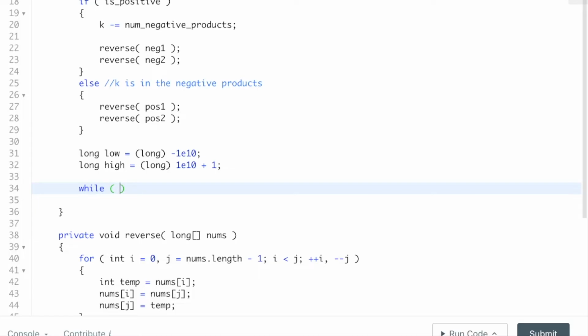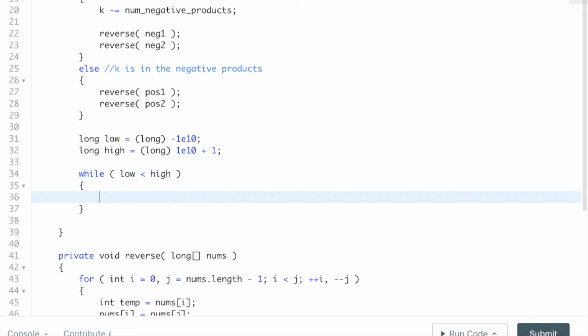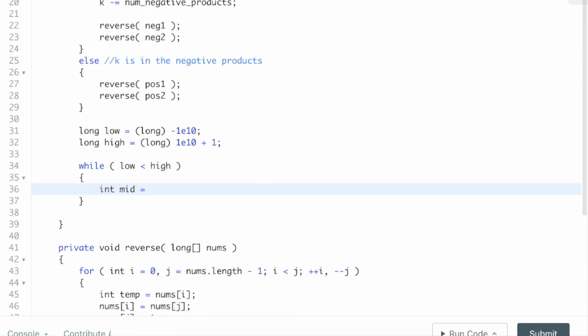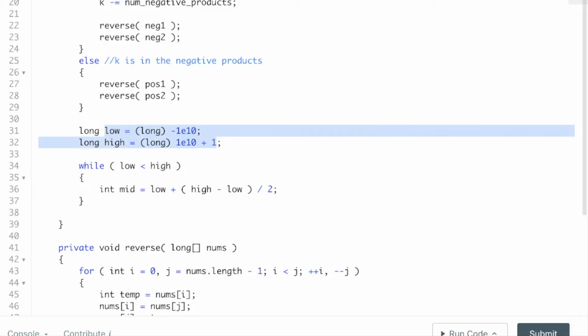Okay, so while low is less than high, we want to calculate a midpoint. So this is our candidate product that we're going to try. And we're going to do low plus high minus low divided by 2.